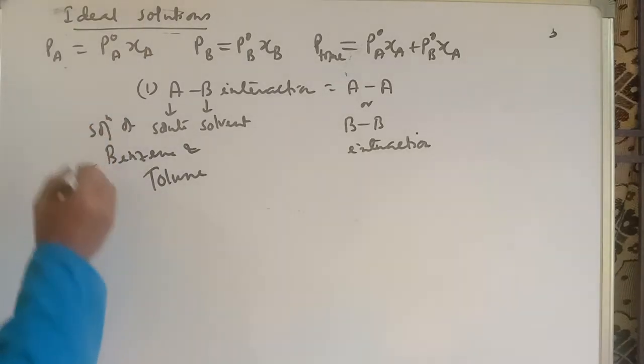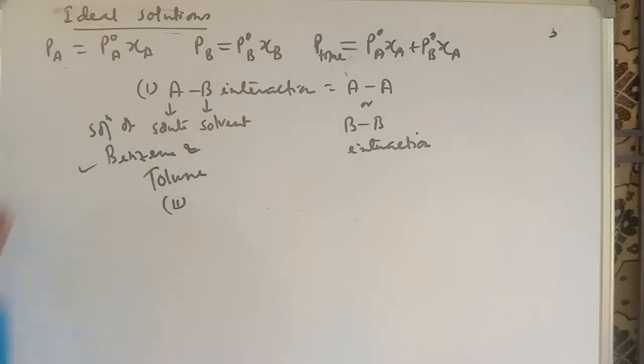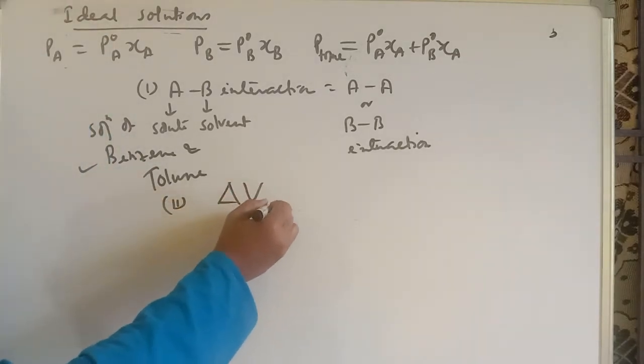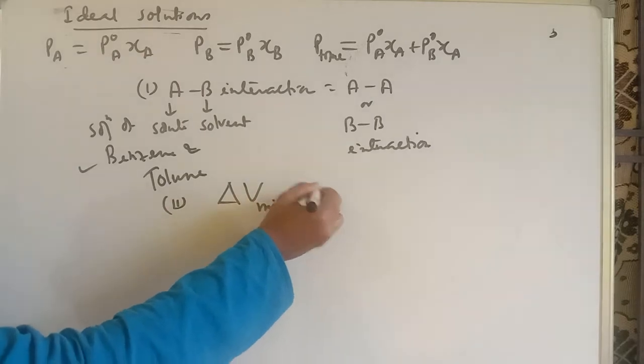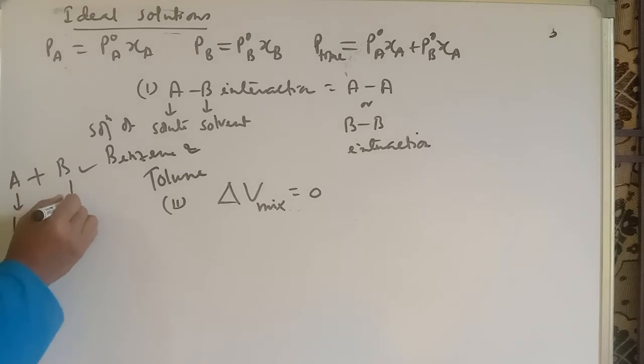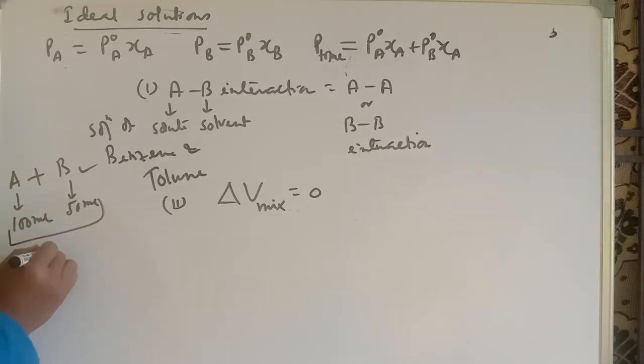More conditions have to be obeyed. Condition number 2 for ideal solution, that is delta V mix equals 0. Suppose you mixed A and B. You take A 100 milliliter and B 50 milliliter. The total mixture must be equal to 150 milliliter. Volume should not decrease or increase.